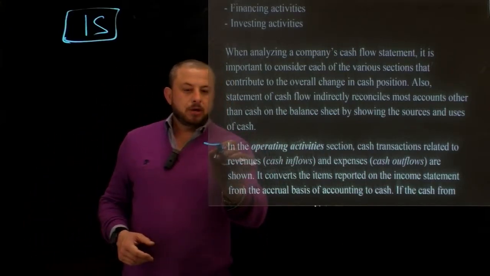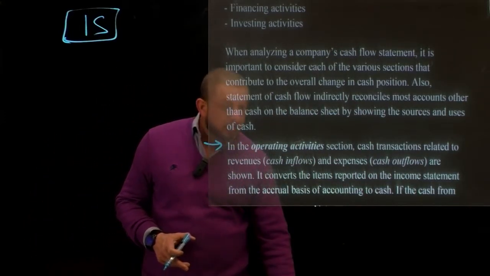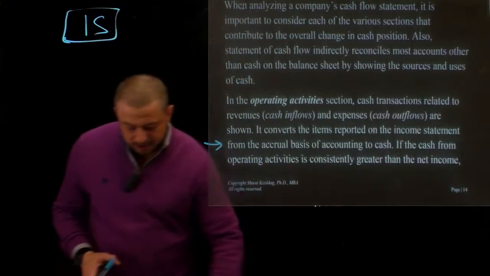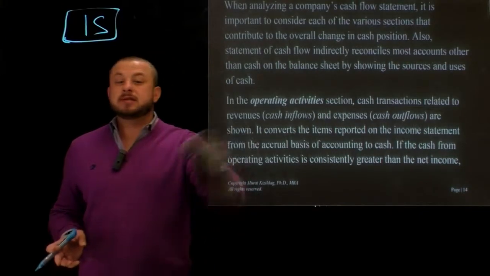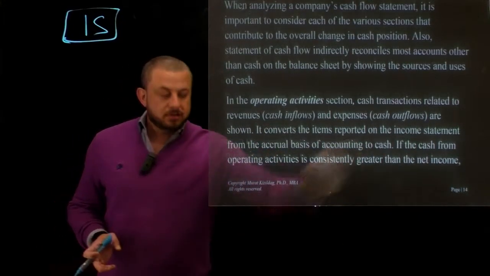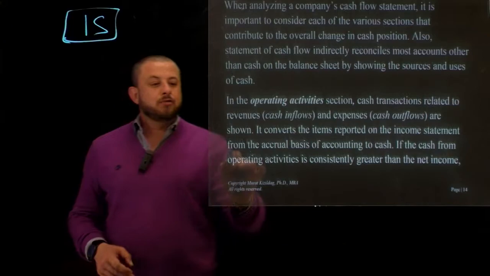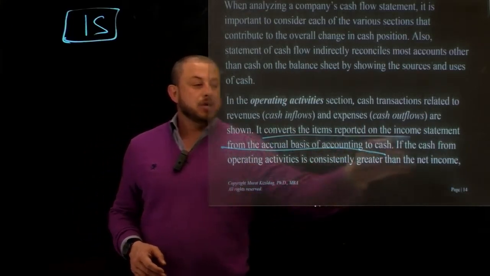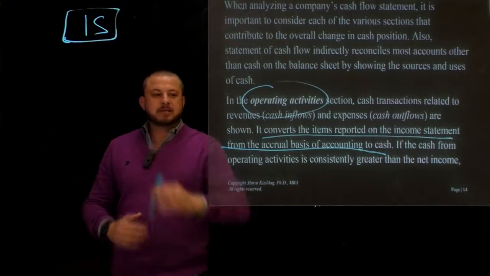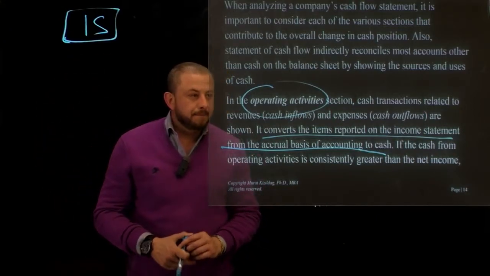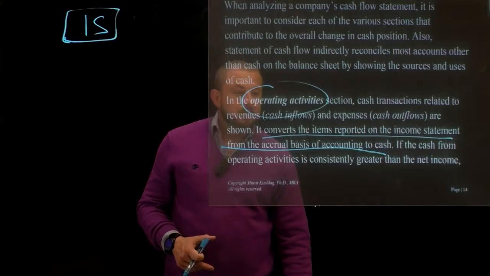In the operating activities section, we have cash transactions related to revenues coming from the sales, of course cash inflows, and expenses, cash outflows. It converts the items reported on the income statement from the accrual basis of accounting to cash.